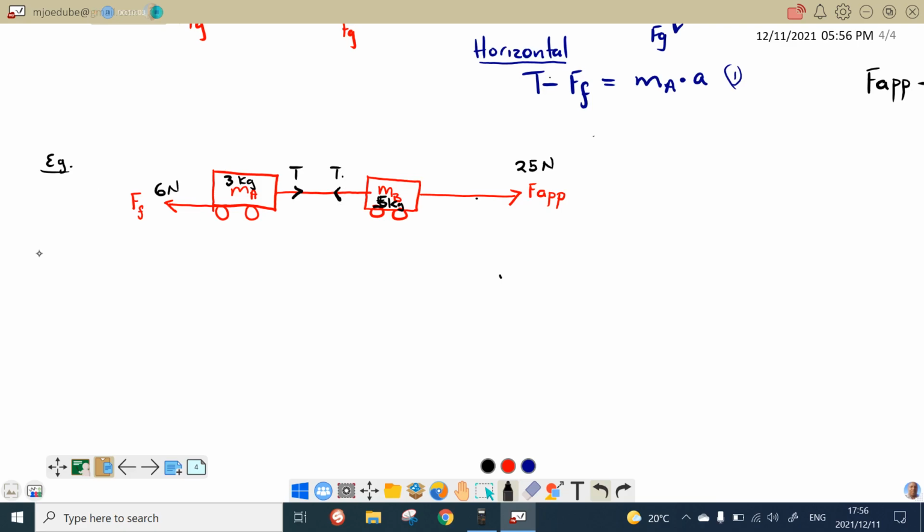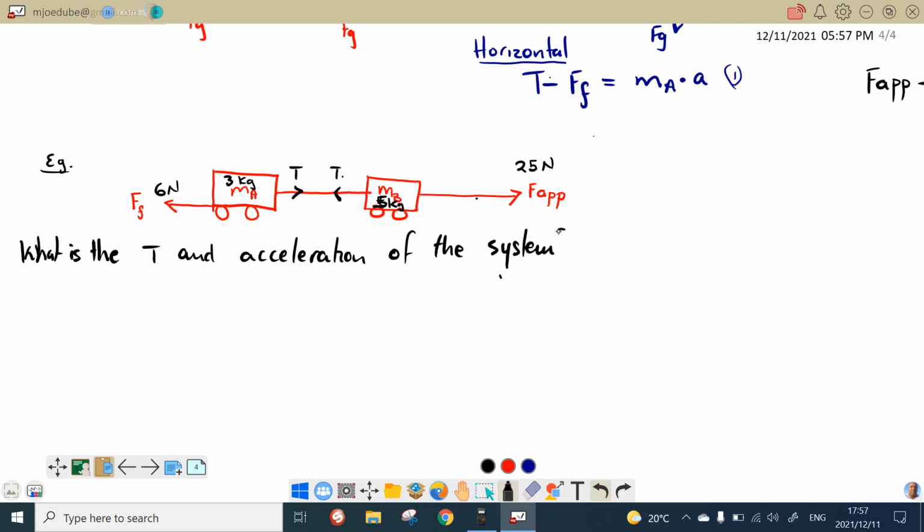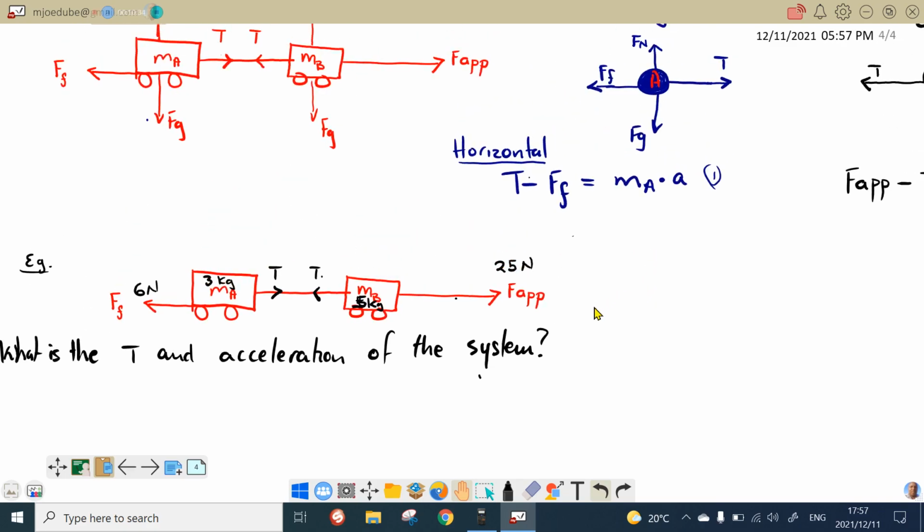What is the tension and acceleration of the system? So obviously you would draw the free body diagram.